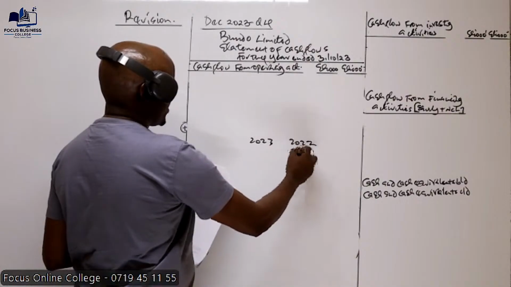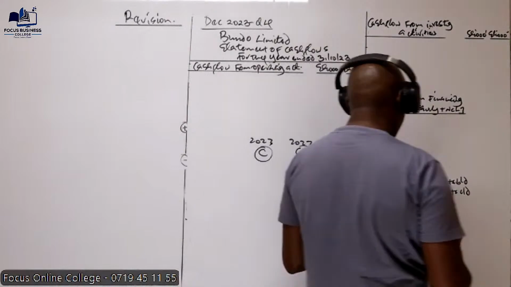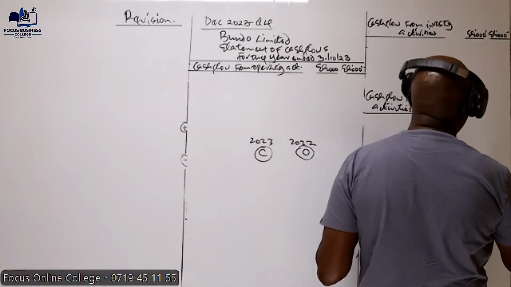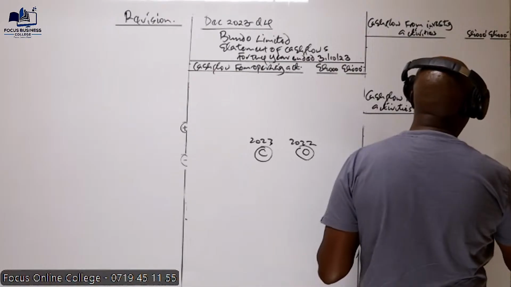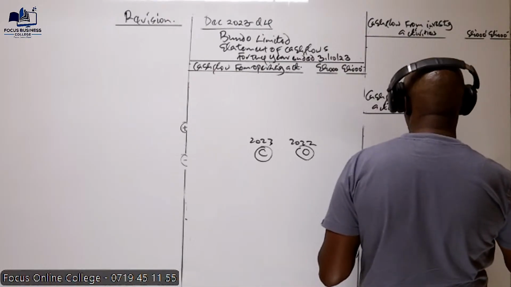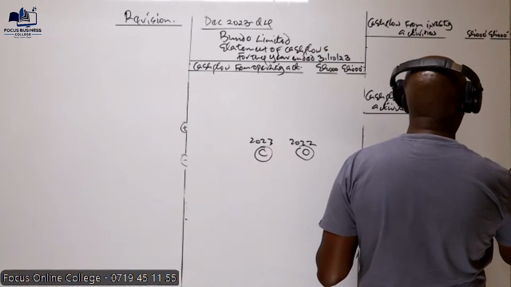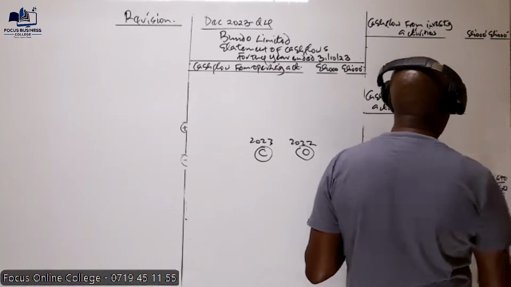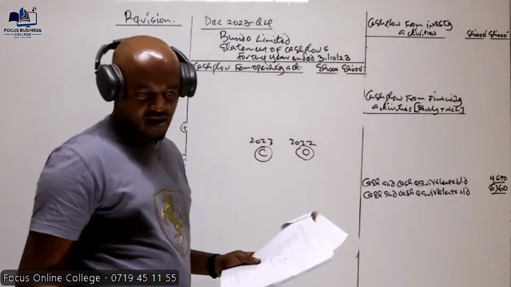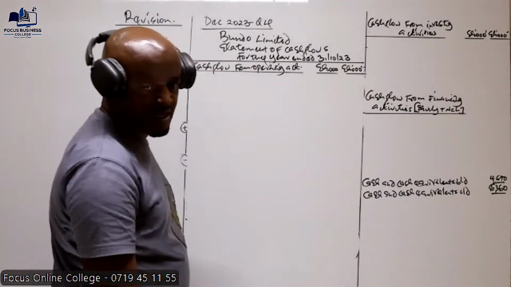So these are opening balances, these are closing balances. The cash and cash equivalent at the start is 4290, and at the end is 6360.